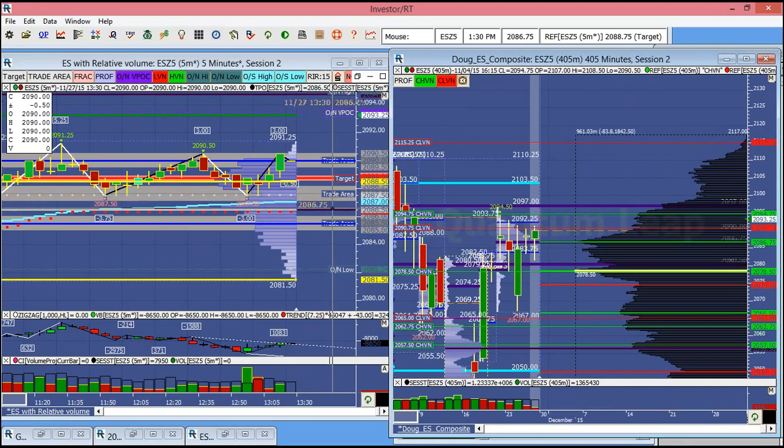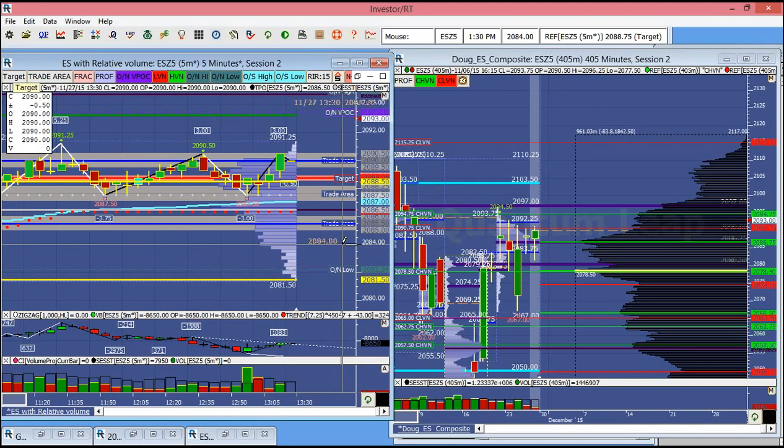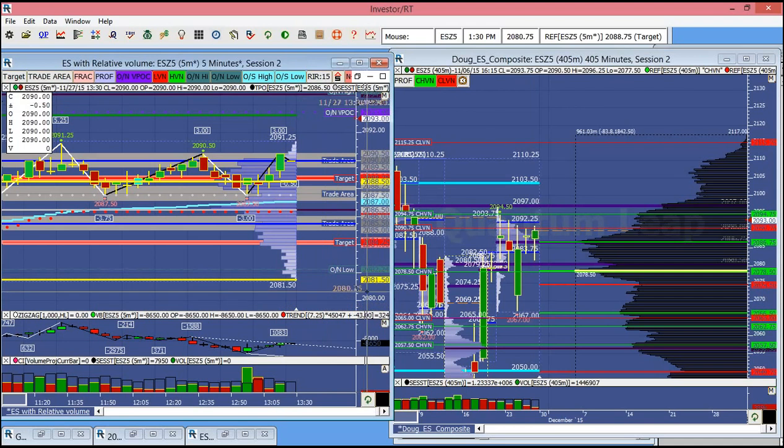This is going to be a very key level if we get a VPOC shift. But if we don't get the composite VPOC shift and we get below that level, then I'm ultimately looking for a move down into that 84.25 and a move down to take out the overnight low, especially if we leave this overnight high alone.